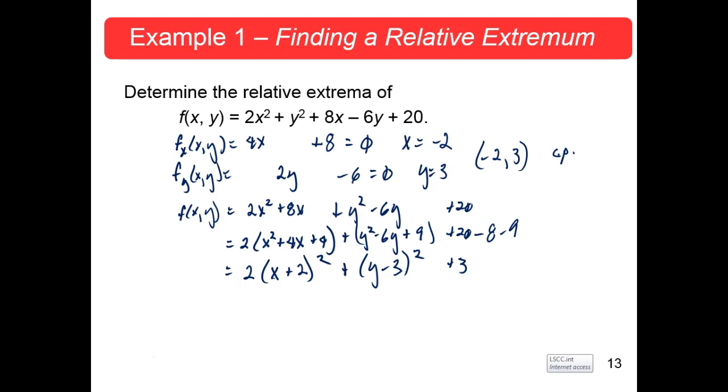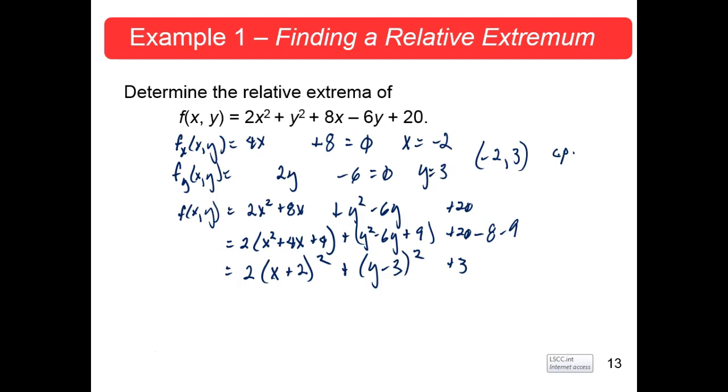First put in those values, and you get a 0 here, you get a minus 2 here, that gives you a 0 here, plus 3 here. So this would be 3 on this side, okay? So the value at that point, negative 2, 3, is 3, okay?